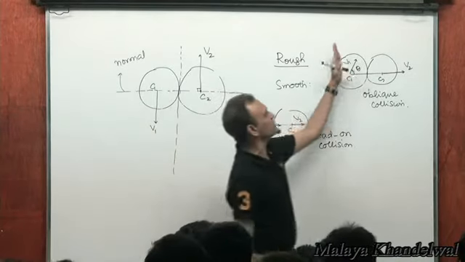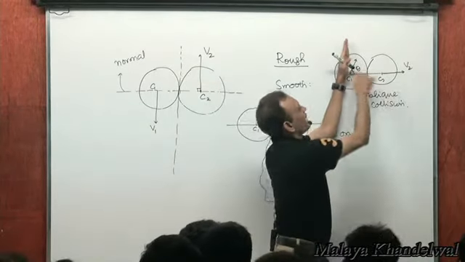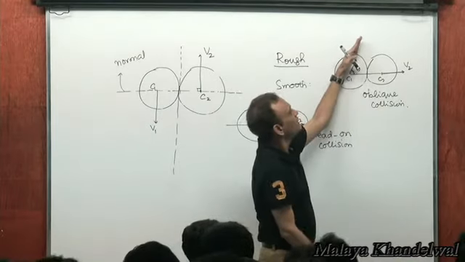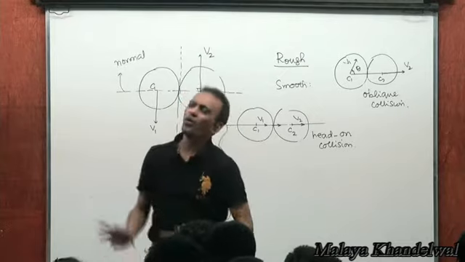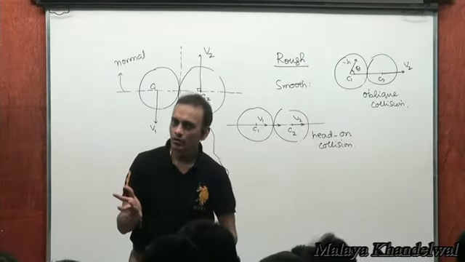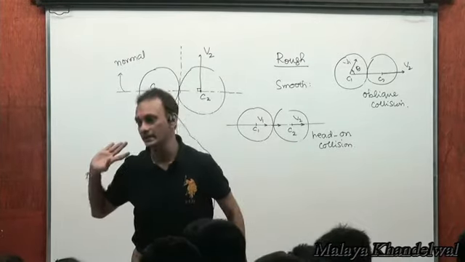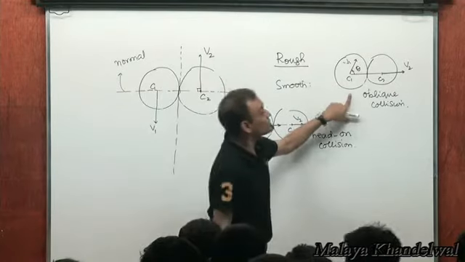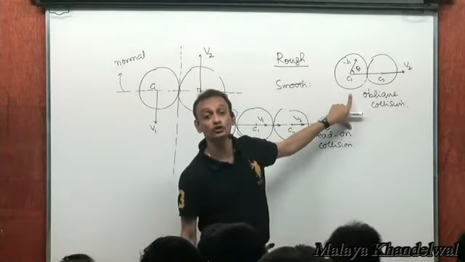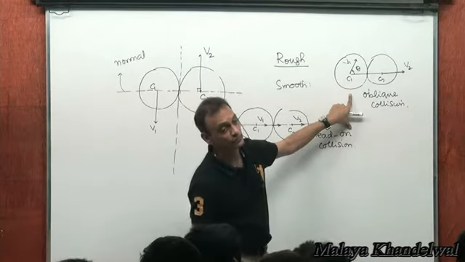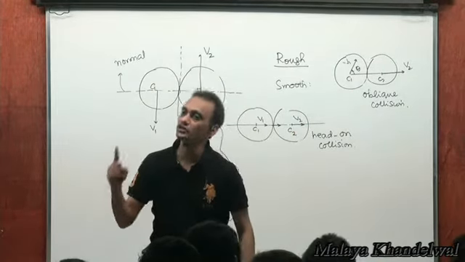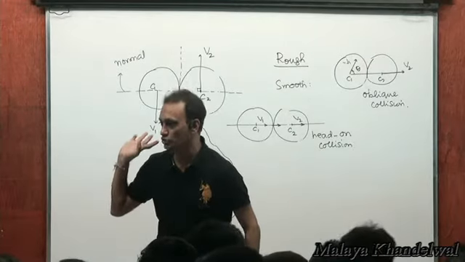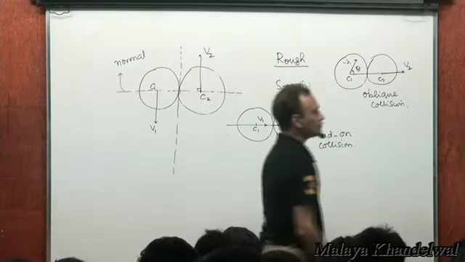Theta is not 90, because if theta was 90 degrees, there would be no interaction along the line joining the two centers. Theta is a number lying between 0 to 90 or 0 to 180 also, as long as theta is not 90 degrees, right? Then this collision is called an oblique collision. If not both the velocities are along the line joining the two centers, then the collision is an oblique collision.